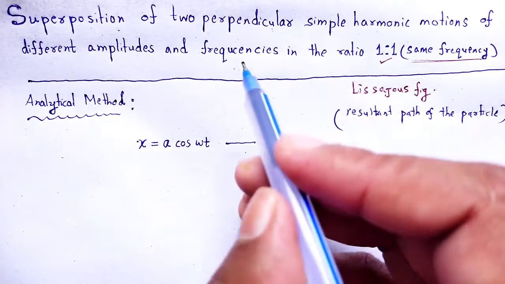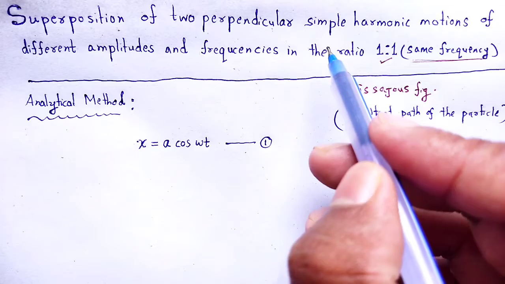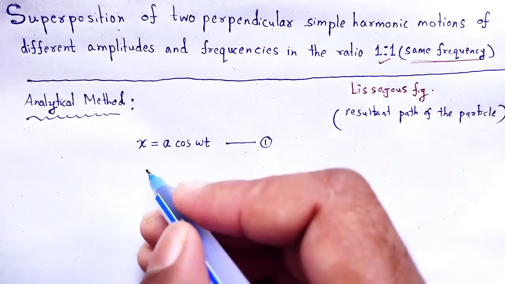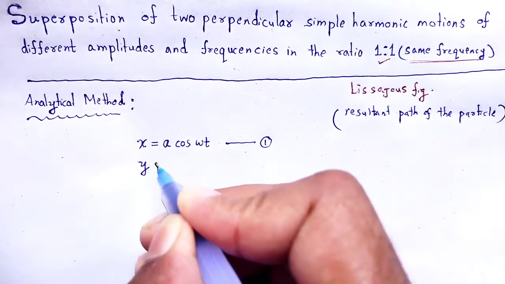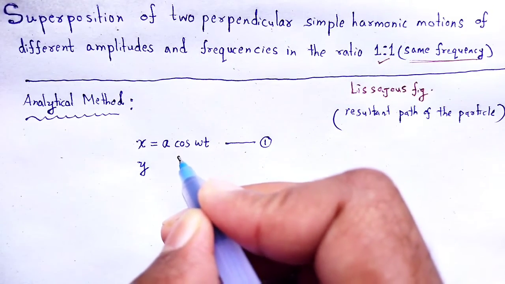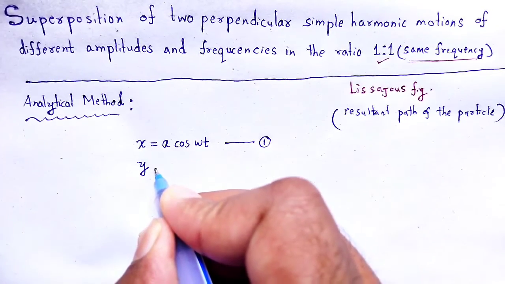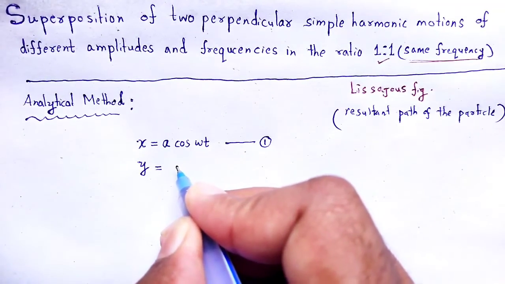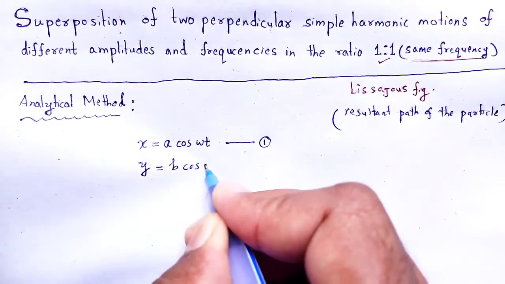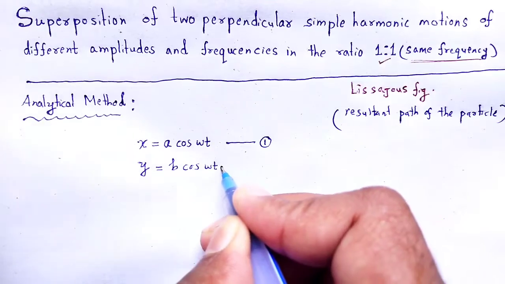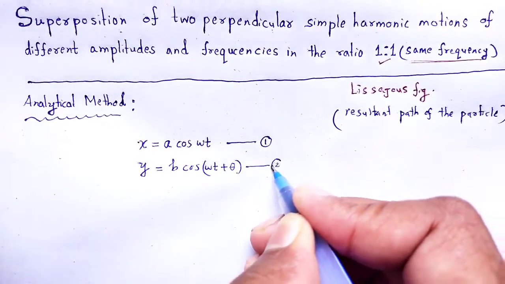As we take perpendicular harmonic oscillations, again the same particle is acted on along the y direction. In that case the SHM is given as y is equal to a different amplitude, let b, cos(omega t plus theta), equation number 2.